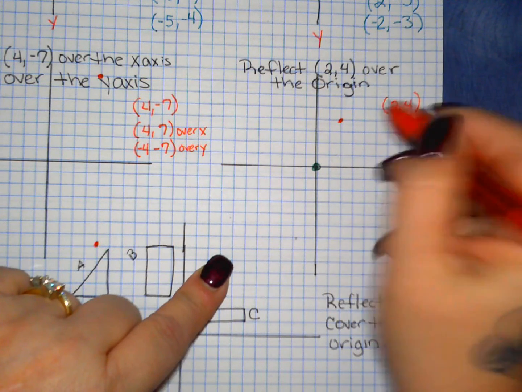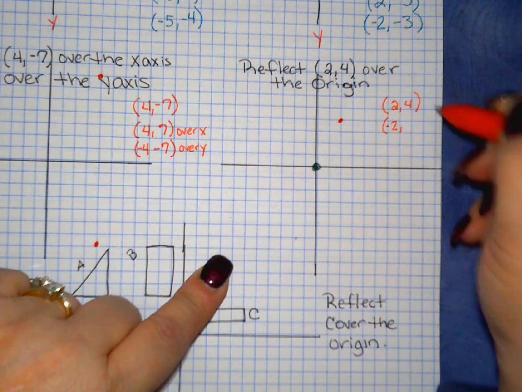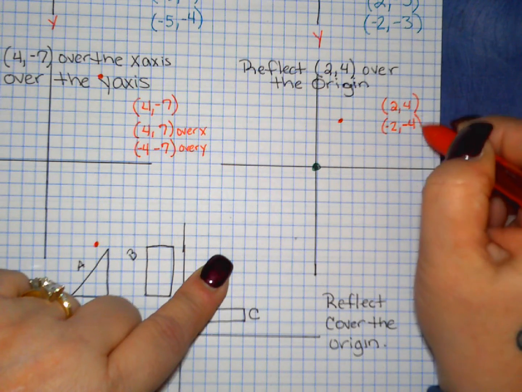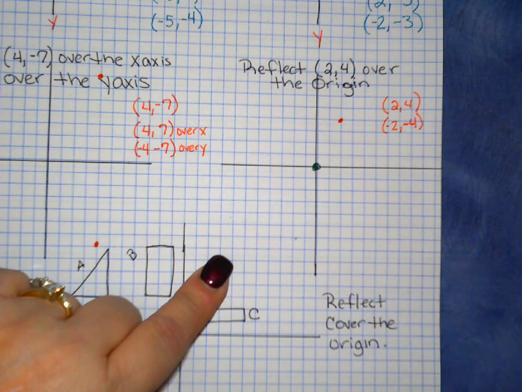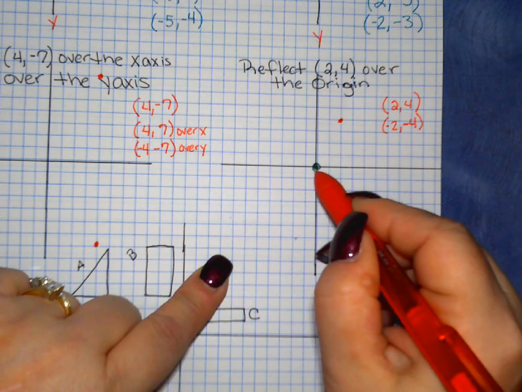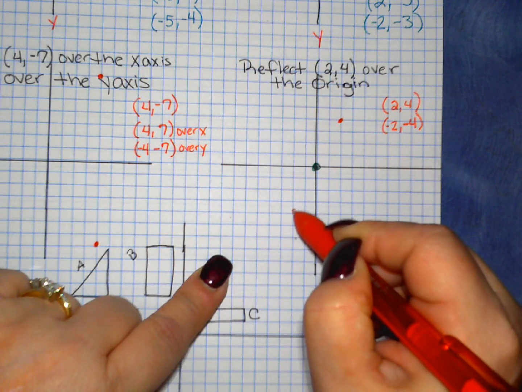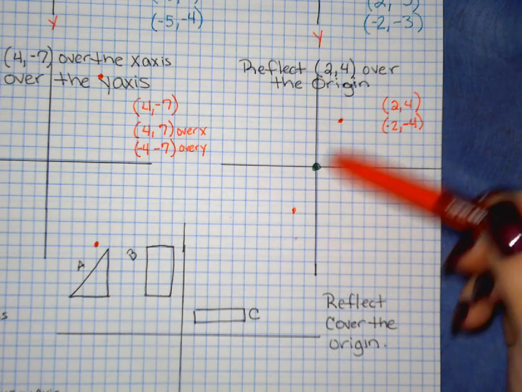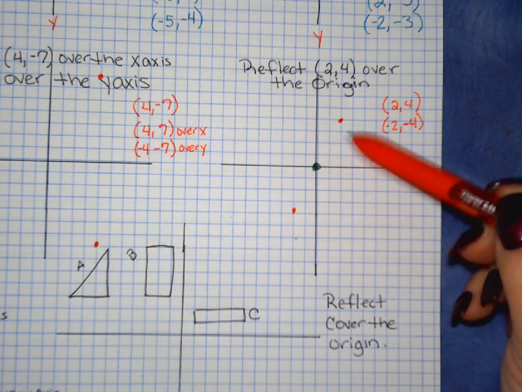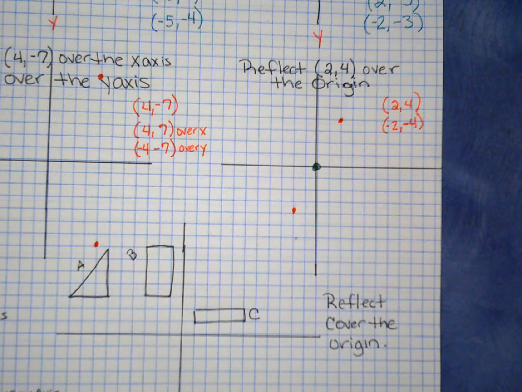And if I change the 2 to its opposite, it's -2. And if I change the 4 to its opposite, it's -4. And so now I know if I plot (-2, -4), I'm going to come over here, -2, and go down -4. And now this is a diagonal mirror opposite. It's a reflection over the origin.